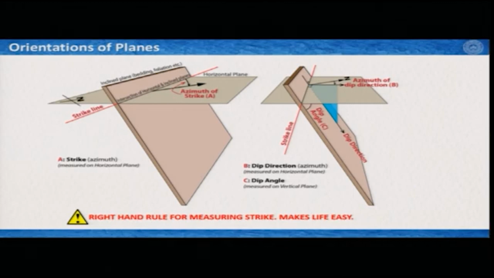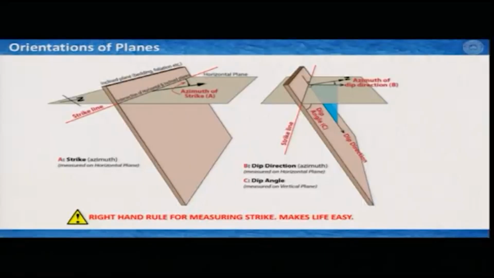Now, this line is lying on the horizontal plane, and the orientation of this line with respect to the north gives you the azimuth of the strike, or the strike of this inclined plane. We will have the definition in the next slide.